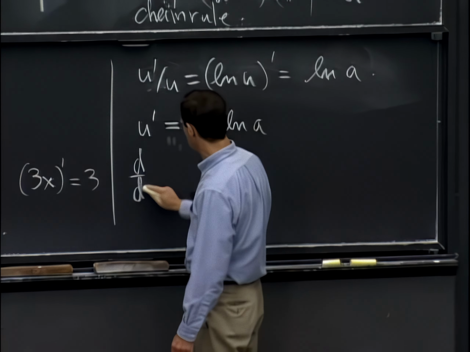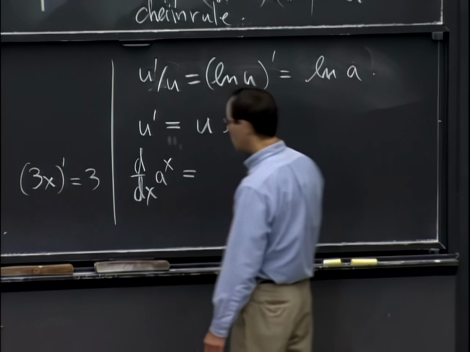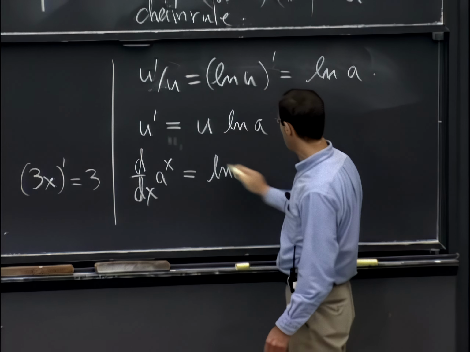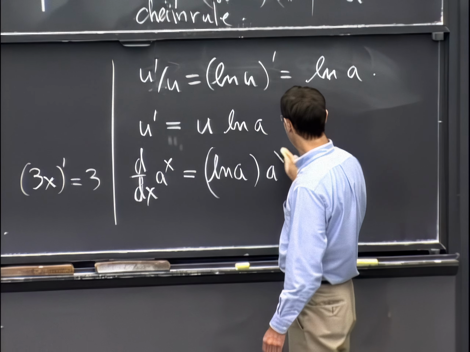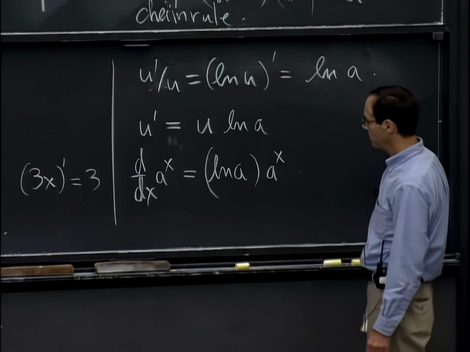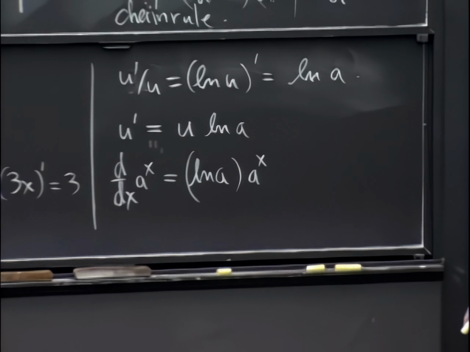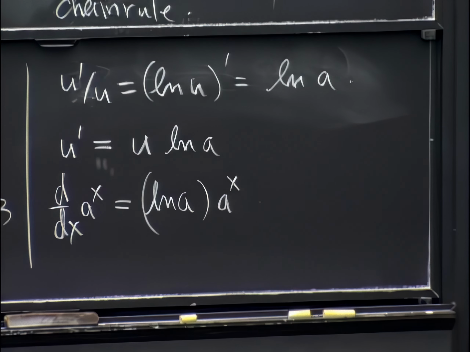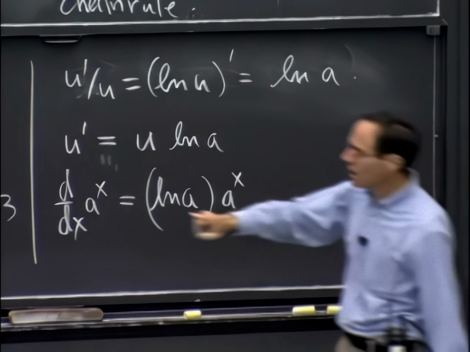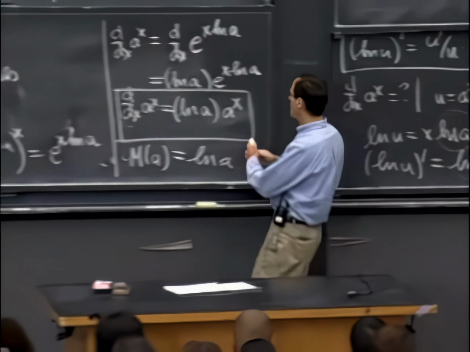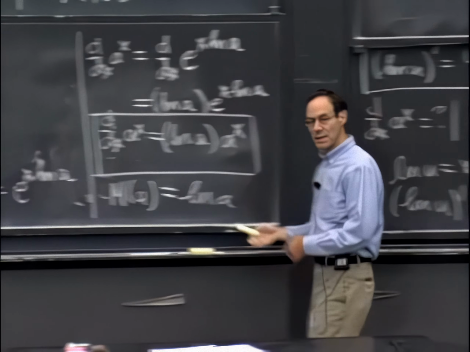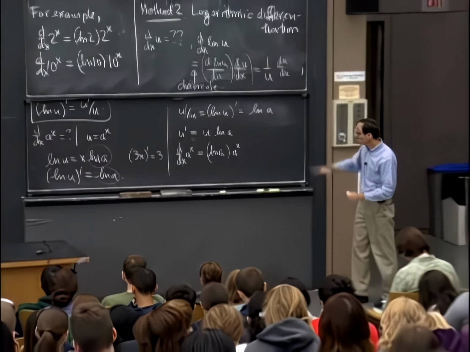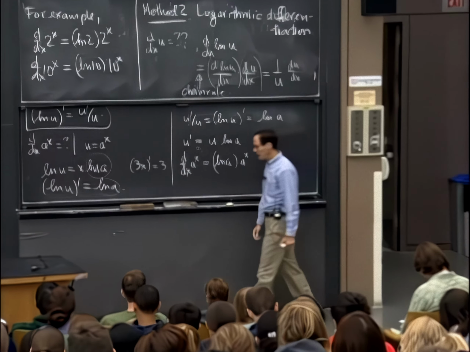That's d by dx of a to the x is equal to log a, I'll reverse the order of the two, which is customary, times a to the x. All right? So this is the way that logarithmic differentiation works. It's the same arithmetic as the previous method, but we don't have to convert to base e. We're just keeping track of the exponents and doing the differentiation of the exponents and multiplying through at the end.